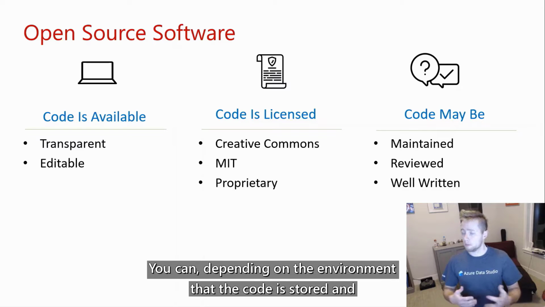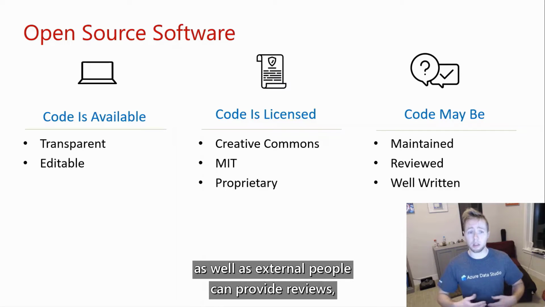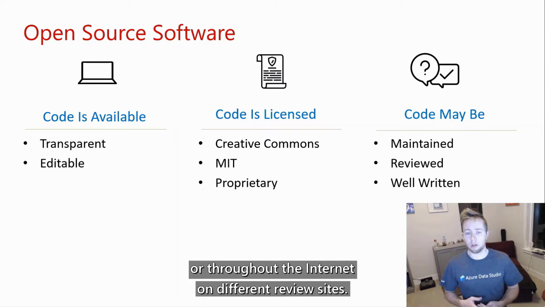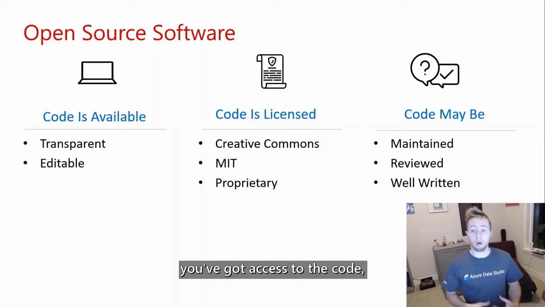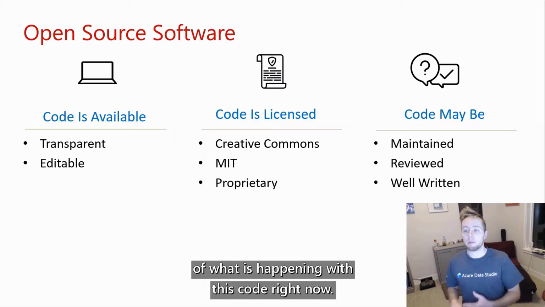You can, depending on the environment that the code is stored in, see the specific code reviews or just what it looks like, as well as external people can provide reviews, whether it's right there on the code or throughout the internet on different review sites. So it's important to know that with open source software, you've got access to the code, you might not be able to do anything with it, but it's important to look for those question marks of what is happening with this code right now.